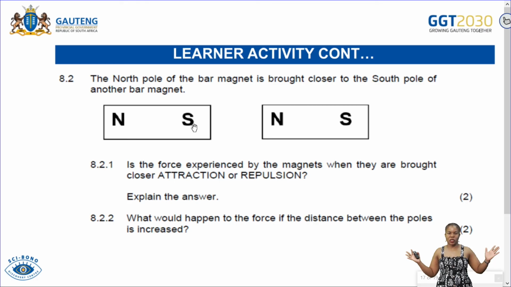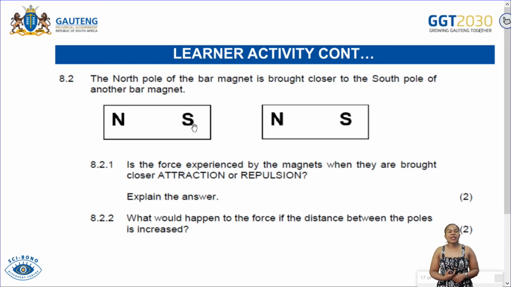Of repulsion. Explain your answer. The unlike poles attract each other, so that means that the magnetic field lines cause a force of what? Of attraction. But like poles cause a force of what? Of repulsion.